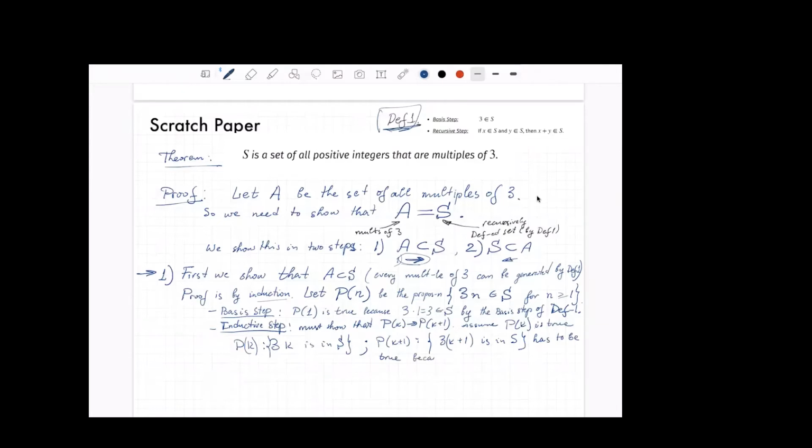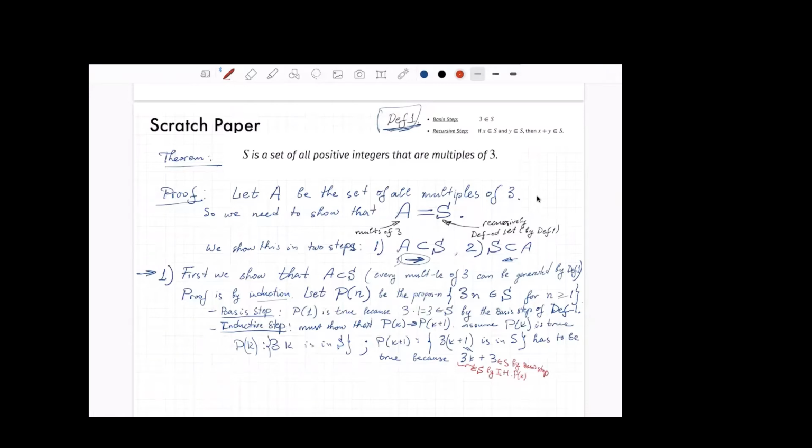because by the recursive step, 3k plus 3, which is this, belongs to S by the inductive hypothesis, by Pk, and this belongs to S by the basis step.